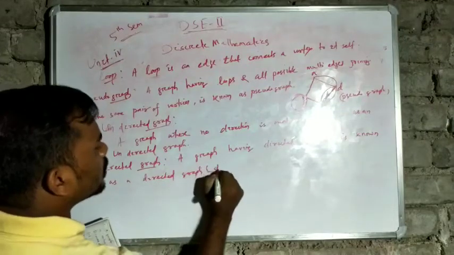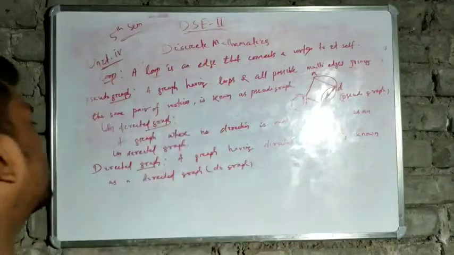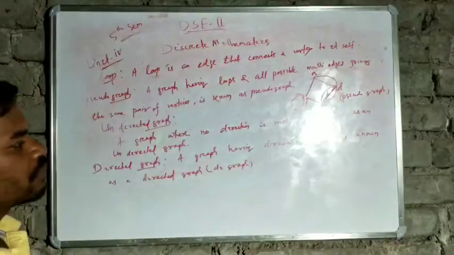Directed graph, or shortly, digraph. Okay, you understood what is a directed graph and what is an undirected graph.